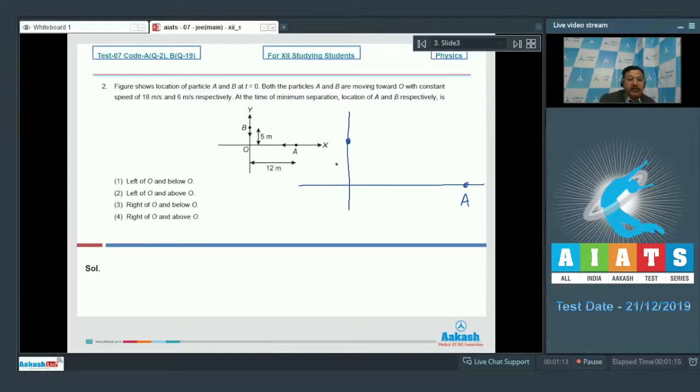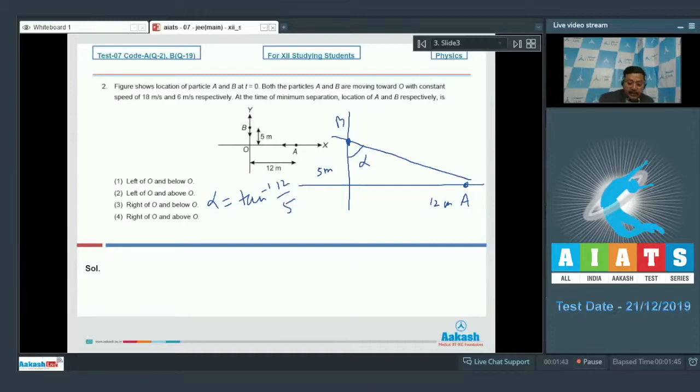This is 5 meters and this is 12 meters. And if I connect the line B, A, this angle alpha will be tan inverse of 12 by 5.